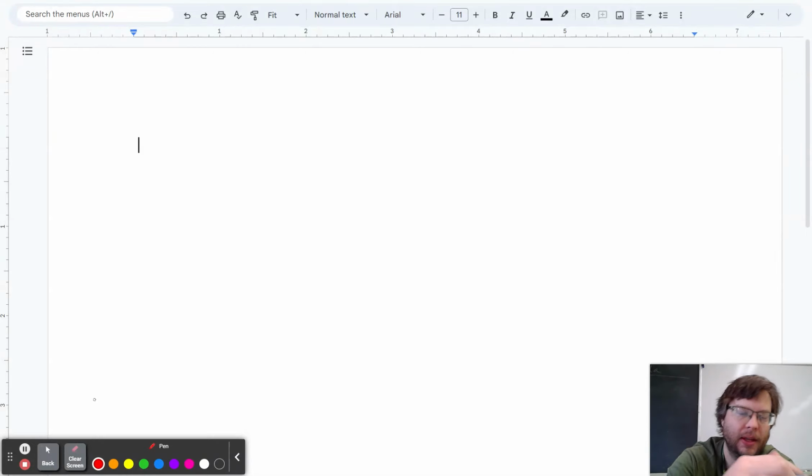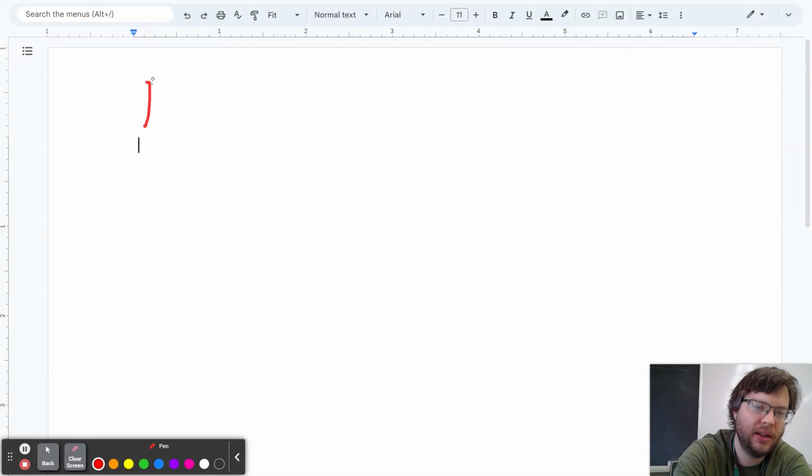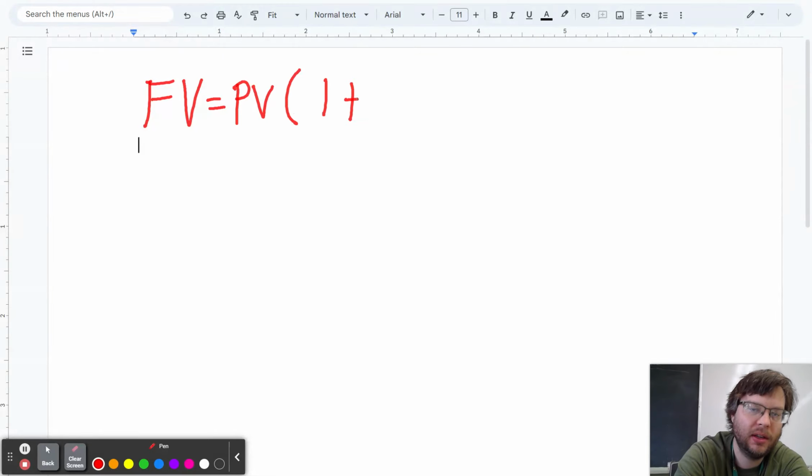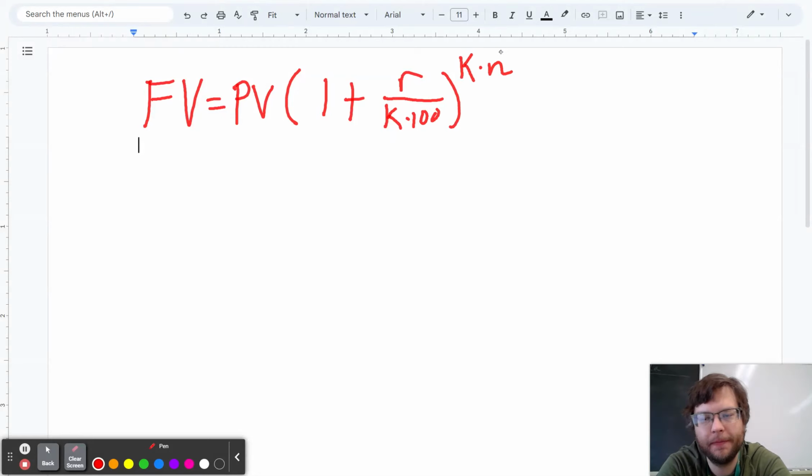for the next month. And what we figured out is that our compound interest formula is that the future value of your money is the present value times 1 plus the interest rate over k, and to the k times the number of years. And when we wrote this formula out, what we were talking about is how the R is the percent interest.